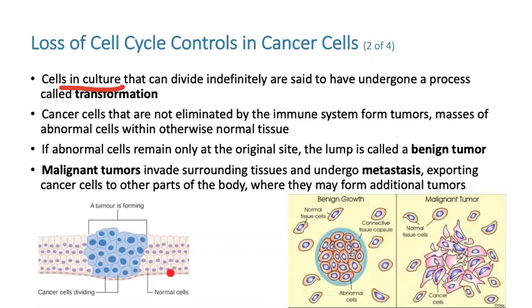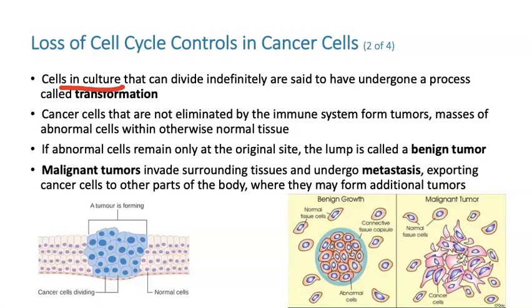They're surrounded by normal cells, but they form this big lump, or tumor, because they're dividing so much. Now, you can have abnormal cells that form a tumor or a lump, but that are not considered cancer. So we call those kinds of lumps benign tumors.